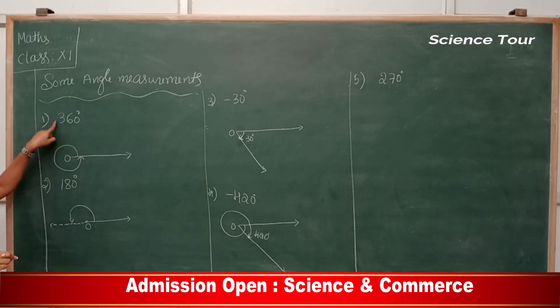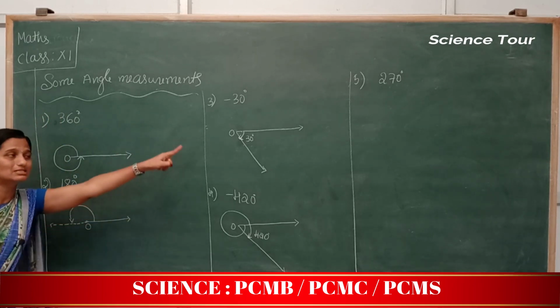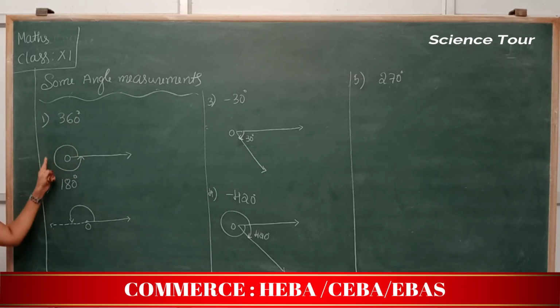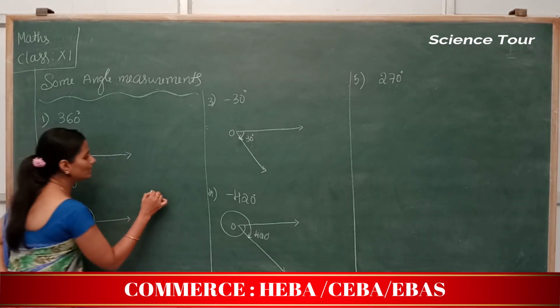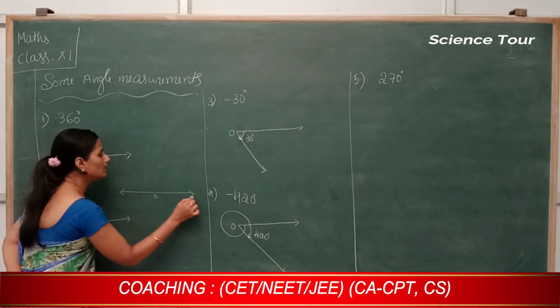Because it is plus 360, to indicate positive direction and negative direction, or clockwise or anti-clockwise direction, I am showing this measurement. Okay. Now next 180, if you draw in protractor, your 180 angle comes like this, correct, no? This is your 180 degree angle.